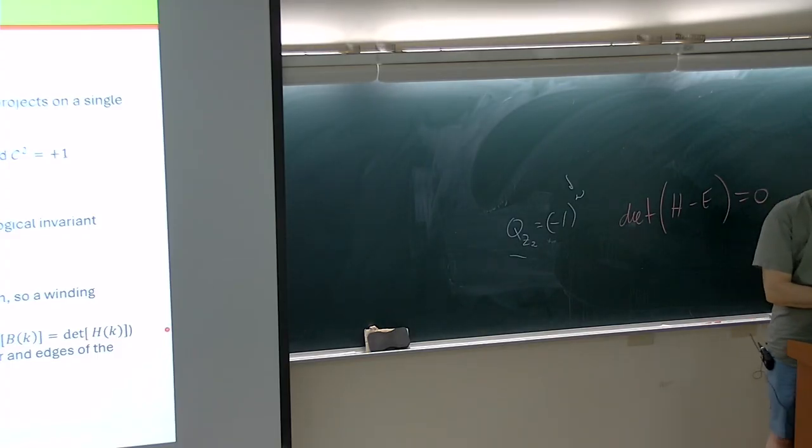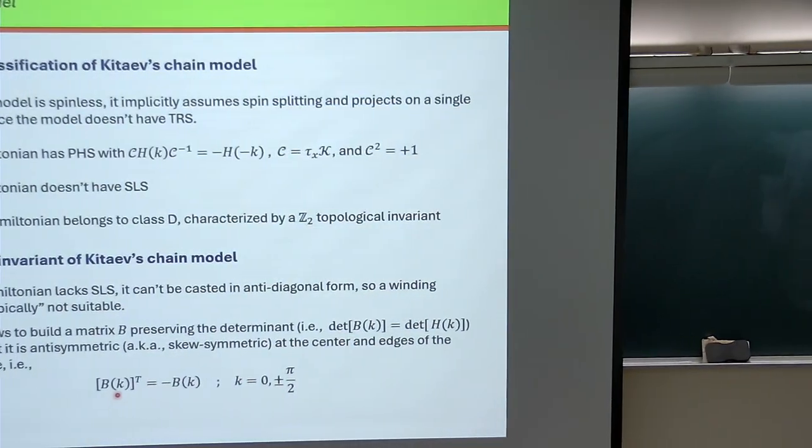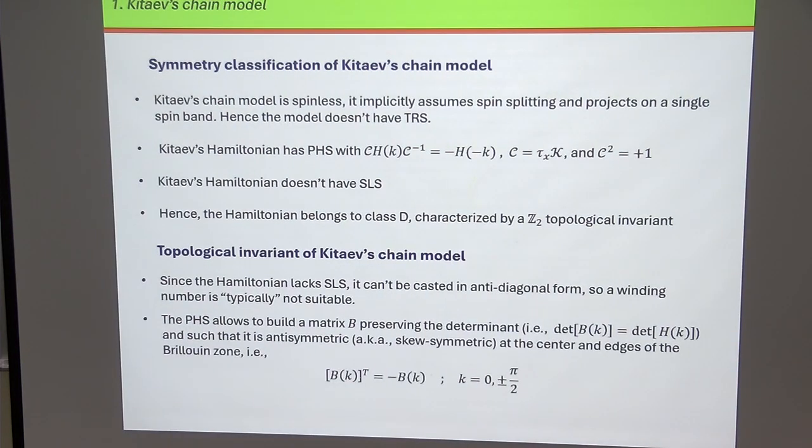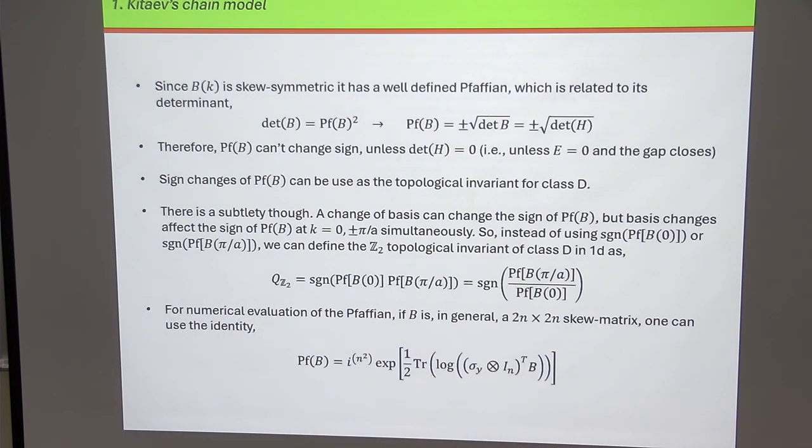Okay. So the determinant of H, I can also write as the determinant of this B matrix. Now this B matrix is skew symmetric or antisymmetric, and it means that it has a property. All these skew matrices have something that you can calculate with them, which is called the Pfaffian.